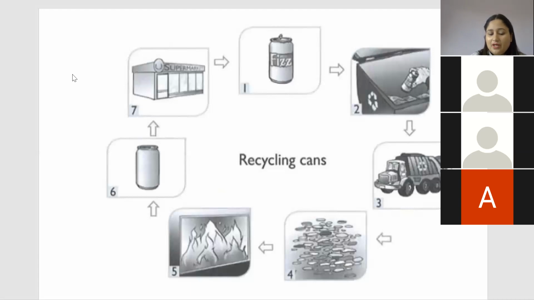Then heated up in the fire, and then remolded again, and then sent to the supermarket, right? Again bought by the customer, and it again moves to the recycle bins, right? And the whole process continues. So this is what you can see on the screen exactly. So who is ready with the answer, guys?